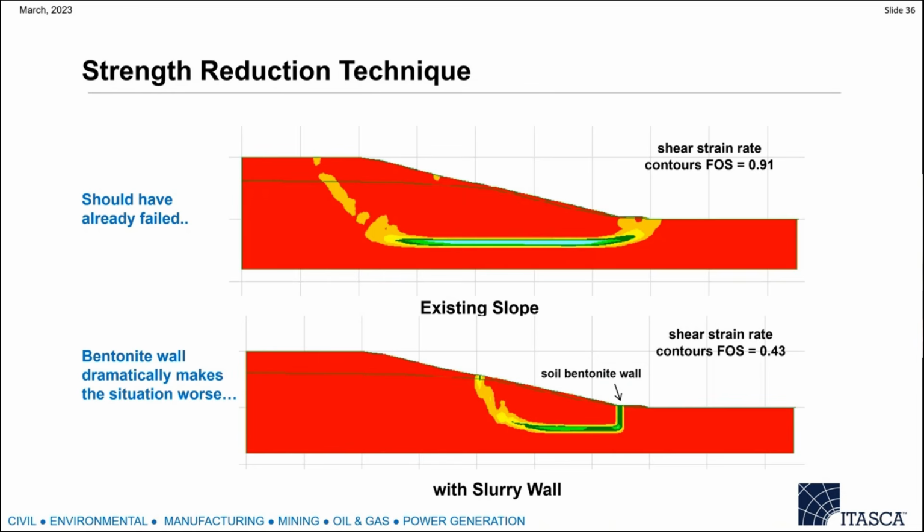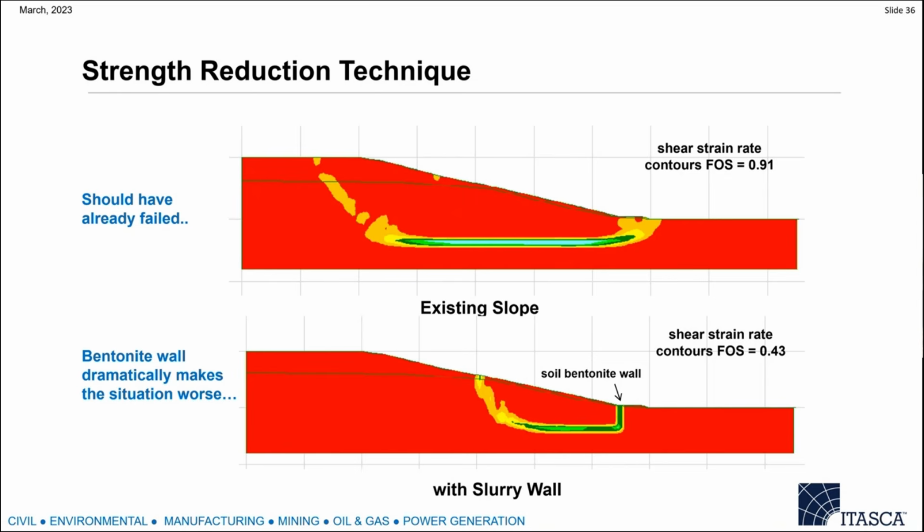So if we just assume some simple distribution of pore pressure using strength reduction techniques, the shear strain rate contour is plotted in these two figures, and they calculate a factor of safety of only 0.91 for the existing slope, and if we consider the slurry wall the factor of safety is even smaller, close to 0.43.